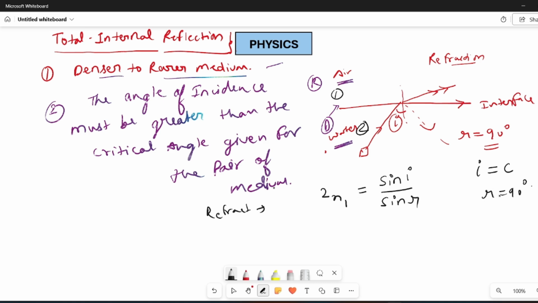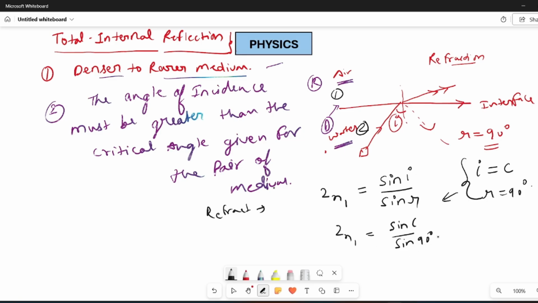So if I introduce this condition in my calculation, what will happen? I will enter this information inside the Snell's law equation. See what will happen. It will be written as 2n1 equals sine C over sine 90 degrees. Now sine 90 degrees has the value of 1.